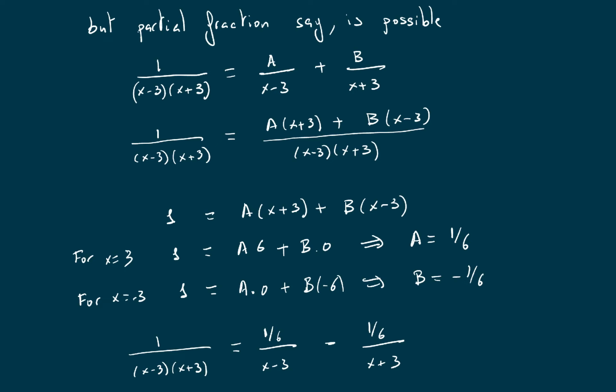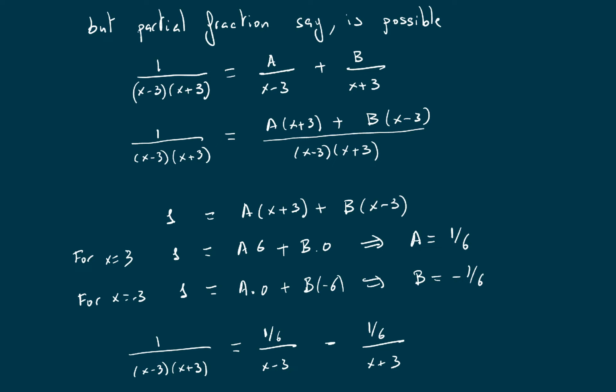So if I use x equal minus 3, the equation will read 1 equals a times 0 plus b times minus 6. So a times 0 is 0. So b times minus 6 equal 1 means that b equals minus 1/6.